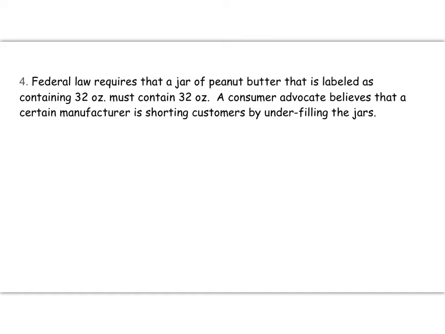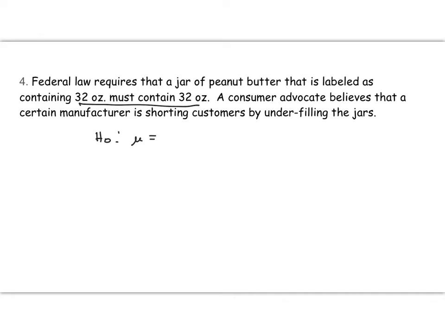Okay, federal law requires that a jar of peanut butter that is labeled as containing 32 ounces has to contain 32 ounces. A consumer advocate believes that a certain manufacturer is shorting customers by underfilling the jars. So my null hypothesis, the claim, is that a jar holds 32 ounces, and that's not a proportion, so that's going to be a mean.